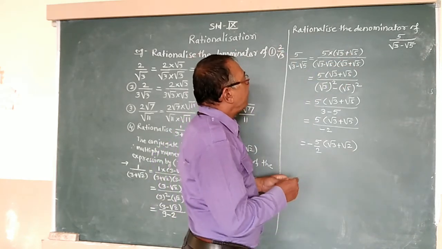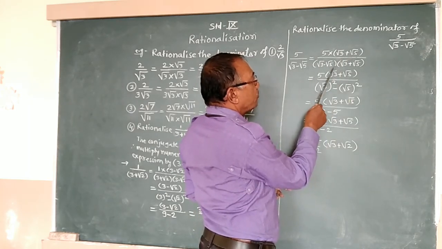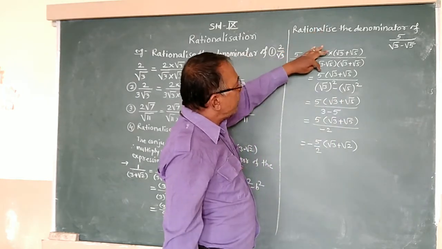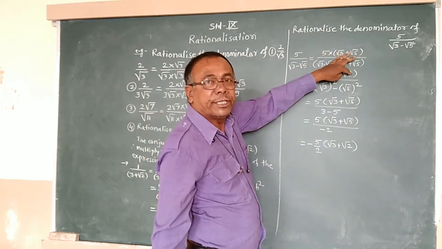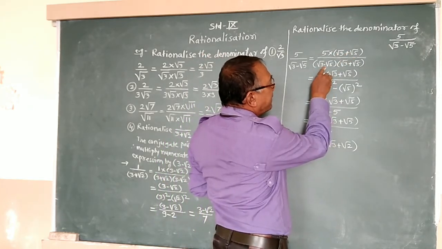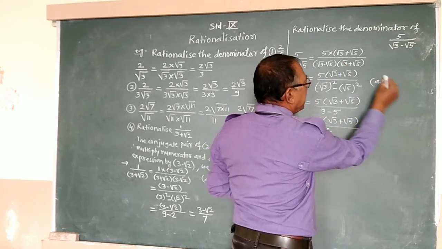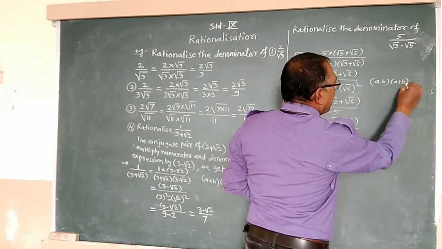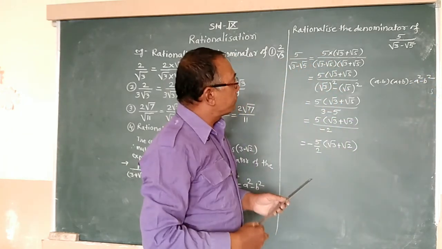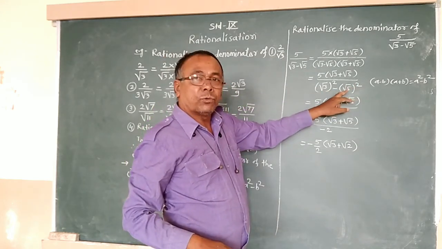So 5 into root 3 plus root 5 divided by root 3 minus root 5 into root 3 plus root 5. So 5 into root 3 plus root 5 as it is, and now we have to apply here a minus b into a plus b, which gives us a square minus b square, that is, the square of root 3 minus the square of root 5.